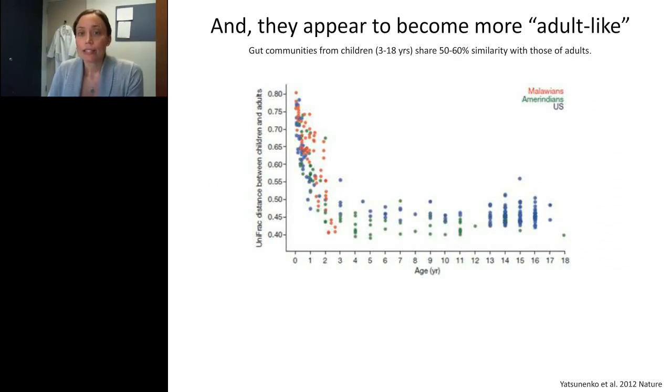As we continue to mature, the gut microbiome becomes more adult-like over time, suggesting that by the time a child reaches roughly 3 to 4 years of age, their gut microbiome has reached an adult-like stage, sharing roughly 50 to 60% similarity with those of older children and adults.